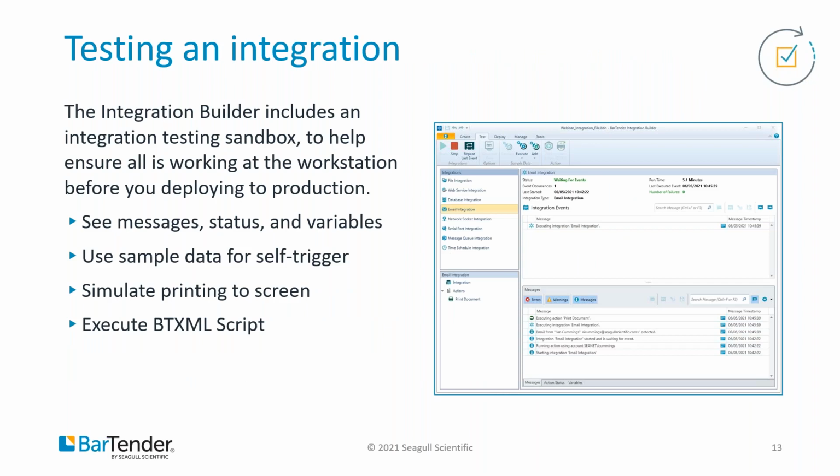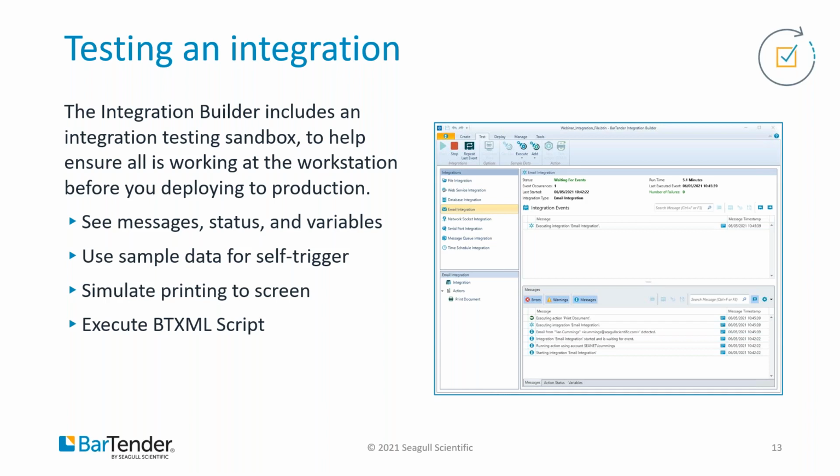Once the integration is built, you can use the incorporated sandbox of the Integration Builder to test your integration. So you just switch over to the test tab, start your testing, and then have an event message be sent to it in order to trigger the integration and monitor for results. In addition to this, you can, of course, view the messages, the status, and the value of the various variables running in your integration.